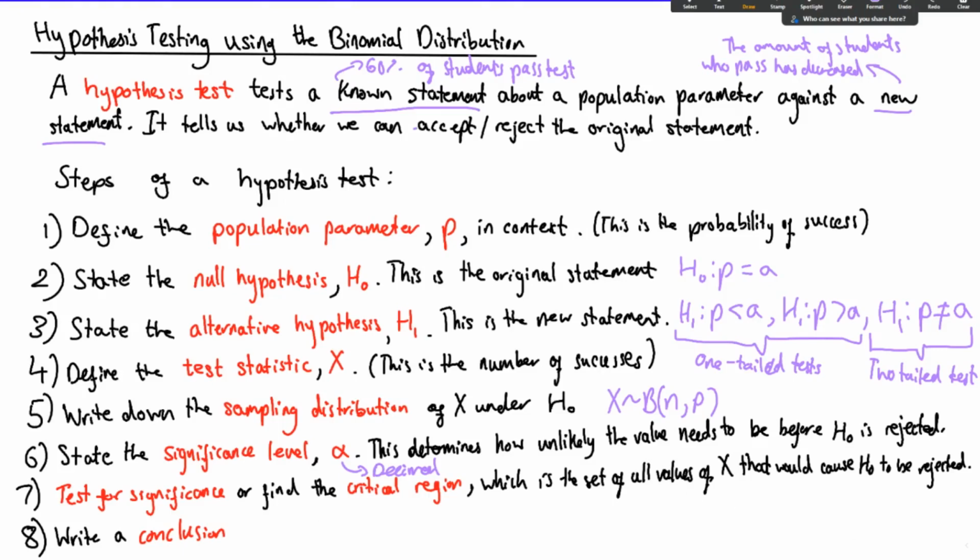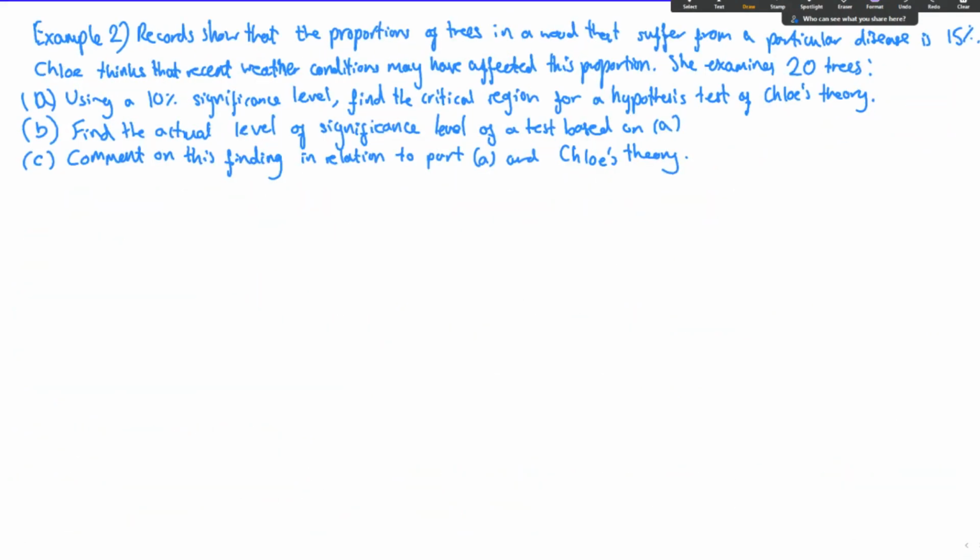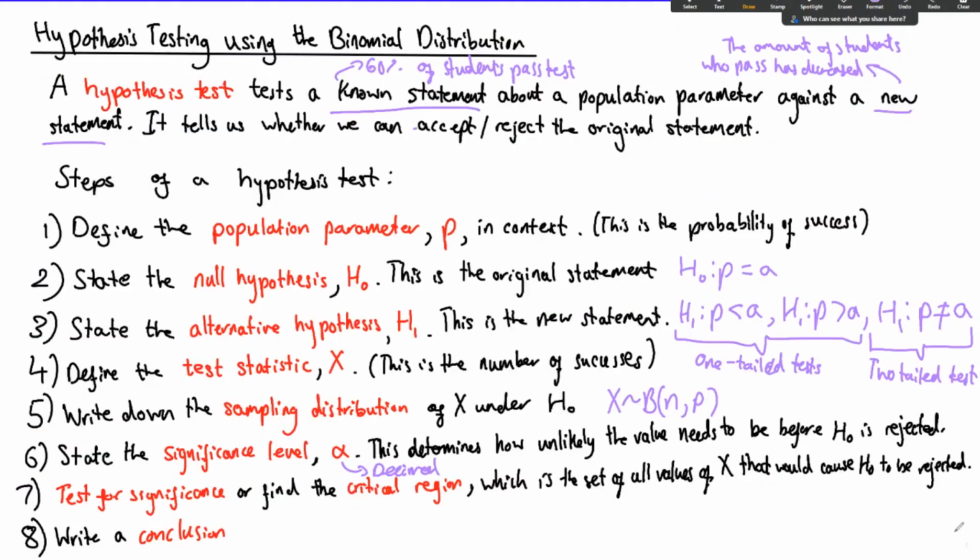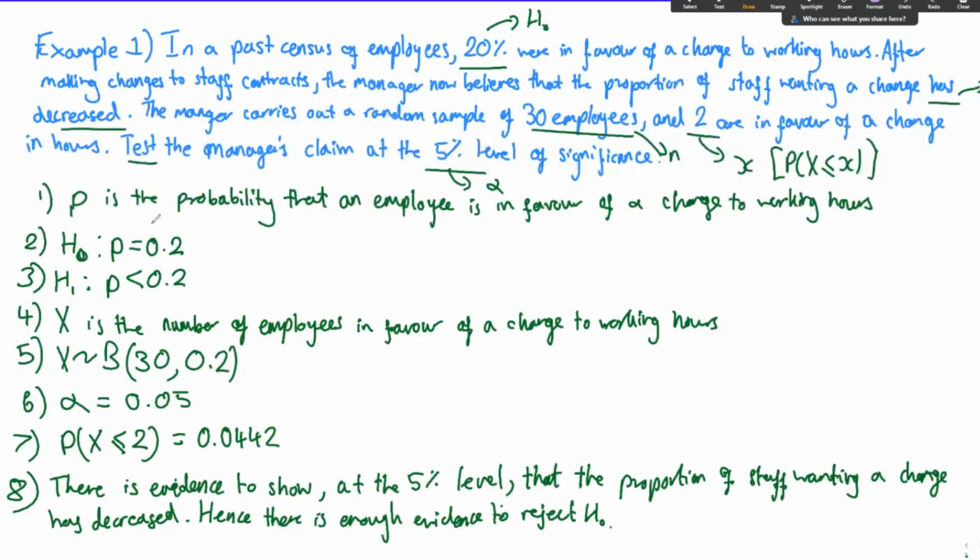Okay, so now that we've done that, we can move on and look at how we can find a critical region, which, if you remember, for step 7, you either test for significance or find the critical region. And it's all the same.